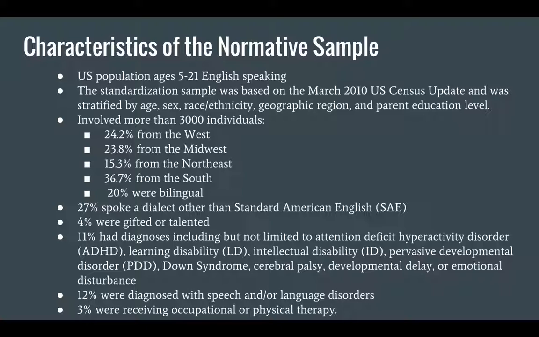It involved more than 3,000 individuals ranging from the west to the south, and 20% of those individuals were bilingual. 27% spoke a dialect other than Standard American English, 4% were gifted, 11% had diagnoses including but not limited to ADHD, a learning disability, intellectual disability, pervasive developmental disorder, Down syndrome, cerebral palsy, developmental delay, or emotional disturbance. 12% were diagnosed with a speech and/or language disorder, and 3% were receiving occupational or physical therapy.